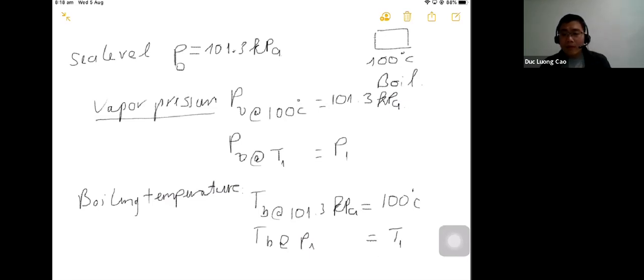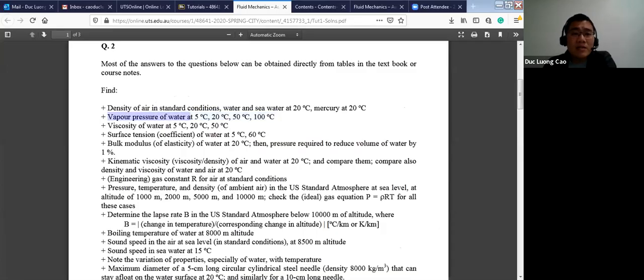No. So question 2 asks you to find the vapor pressure of water at 5, 20, 50, and 100 Celsius. Okay. Vapor pressure at 100 Celsius is 101.3 kPa, because if you want to boil water at 100 Celsius, you have to create a pressure similar to ambient pressure, 101.3.